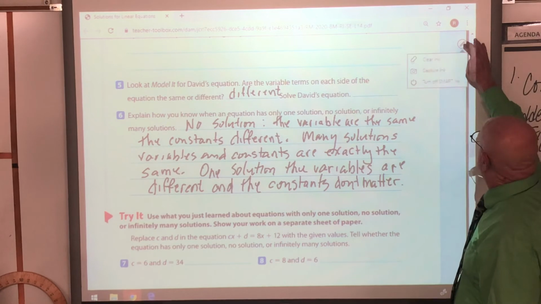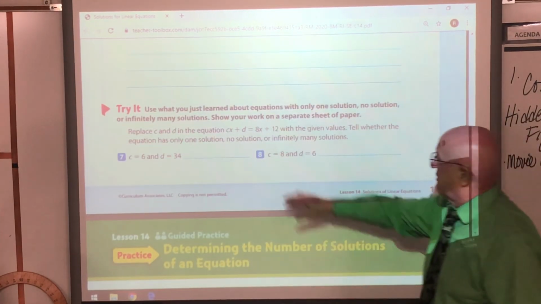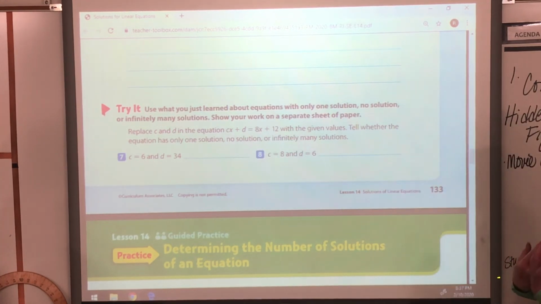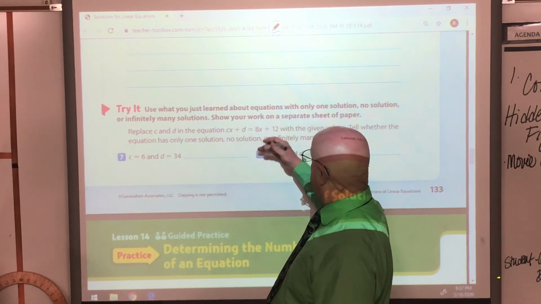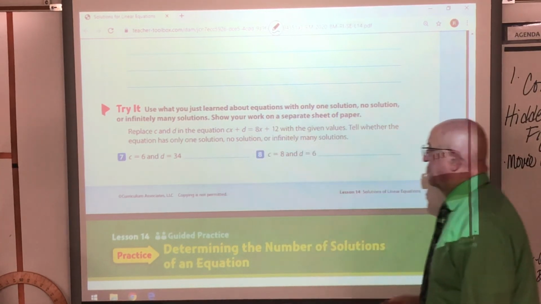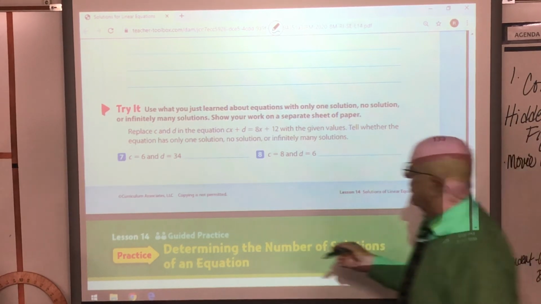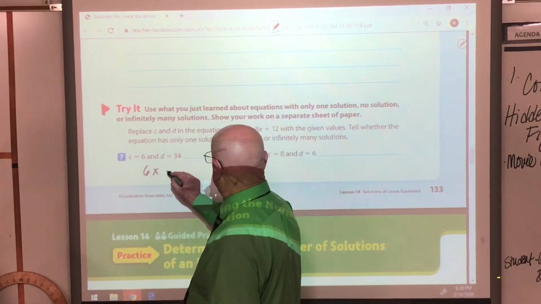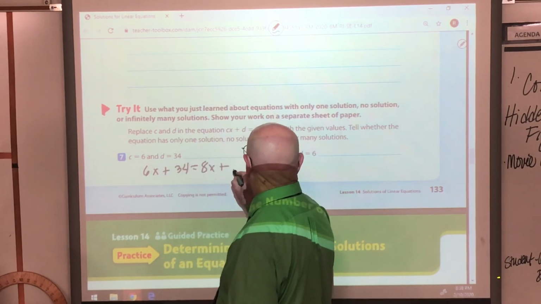All right. So what we're going to do is take a look at the try it section, and they want us to have this equation, cx plus d equals 8x plus 12, and they want us to substitute values in and see what we get. So for this, the first one says c is equal to 6 and d is 34. So if I do c, I do 6x plus 34 equals 8x plus 12, right?